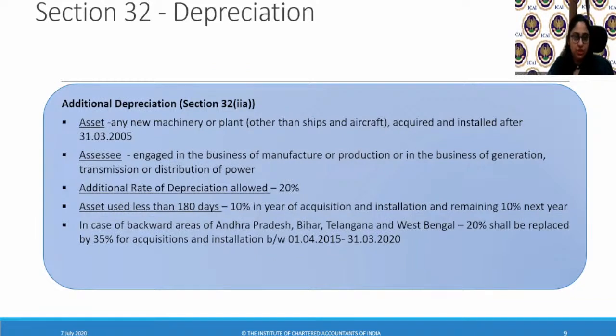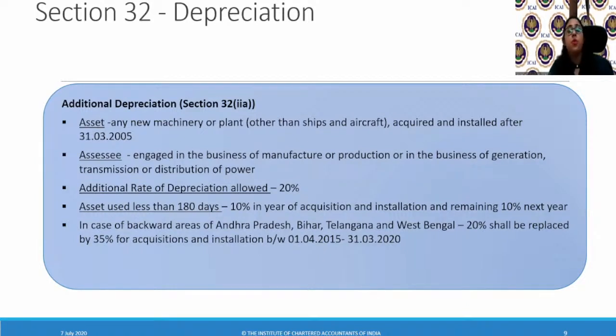Additional depreciation, I'll repeat, is allowed to whom? Additional depreciation is allowed to assessees who are into manufacturing.